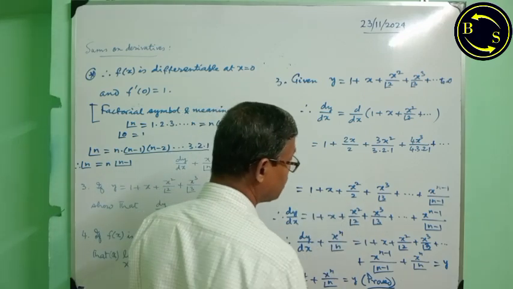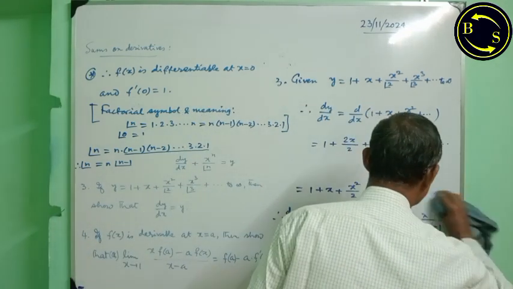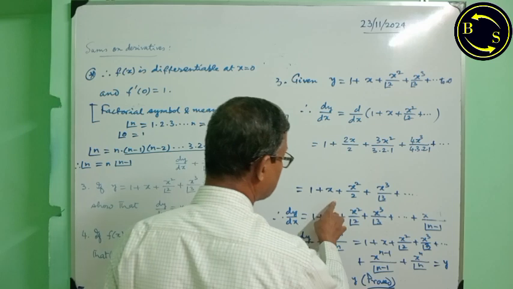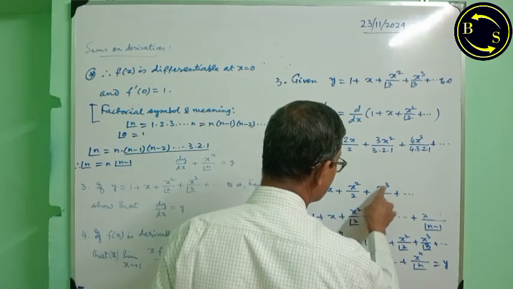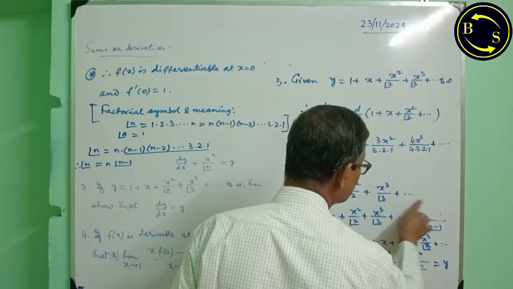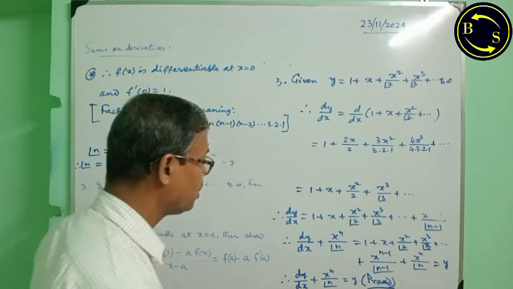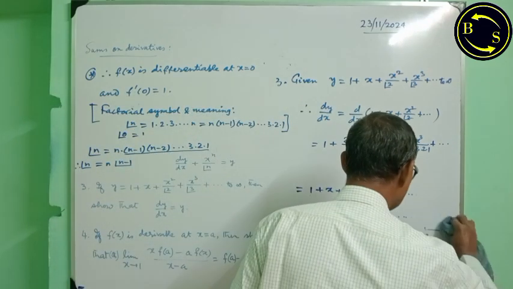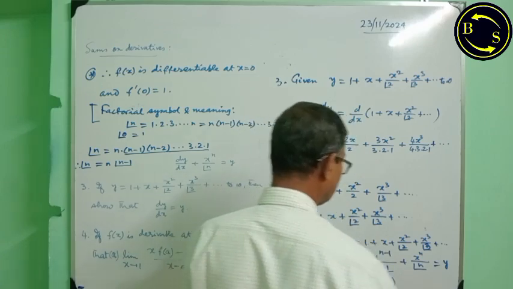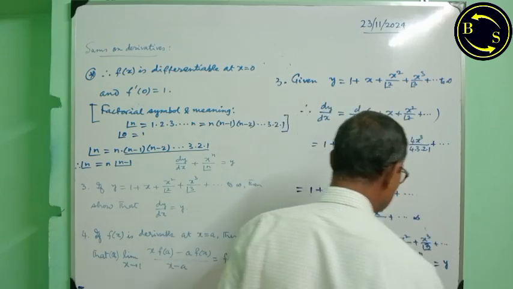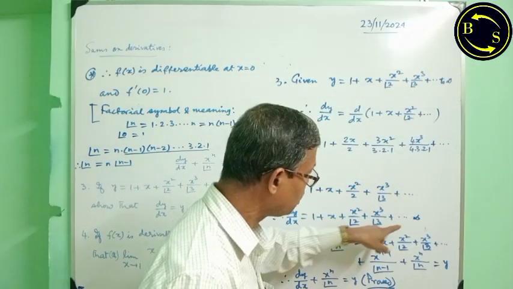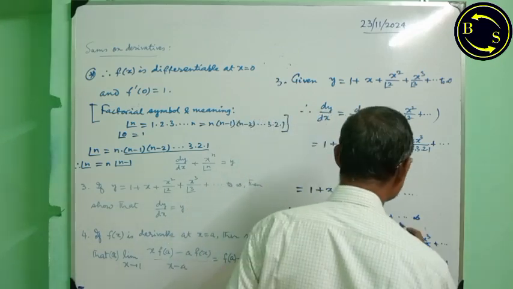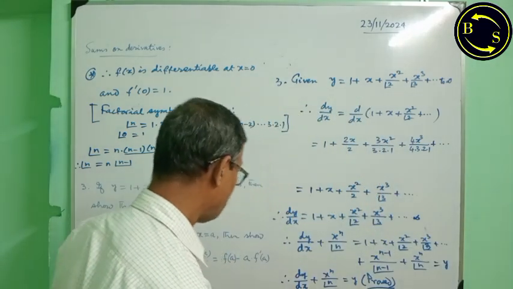Therefore, after simplification, it will be 1 plus x square by 2 plus x cube by 3 factorial plus, up to infinity. Therefore, finally dy dx will be to infinity. If we don't mention this symbol to infinity, the meaning is the same.